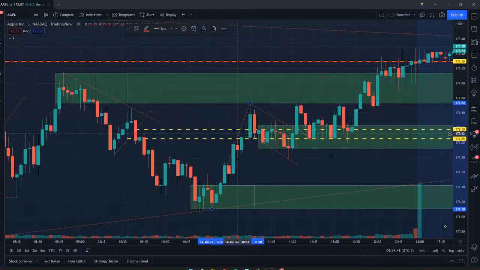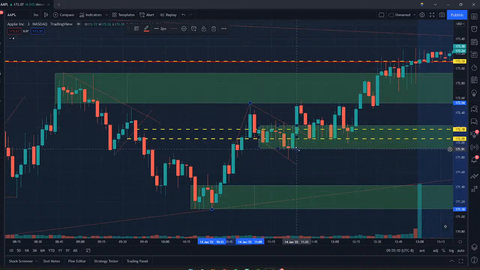So, actually, this is kind of iffy. I would have to measure this, and I wouldn't measure this while I'm trading. It's just not me. You as a trader, if you want to measure this, you can, but your flag cannot be more than 50% of the length of your pull, and I'm pretty sure this is more than 50%.